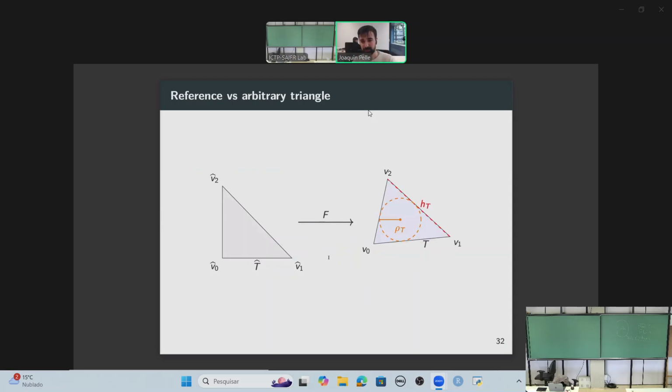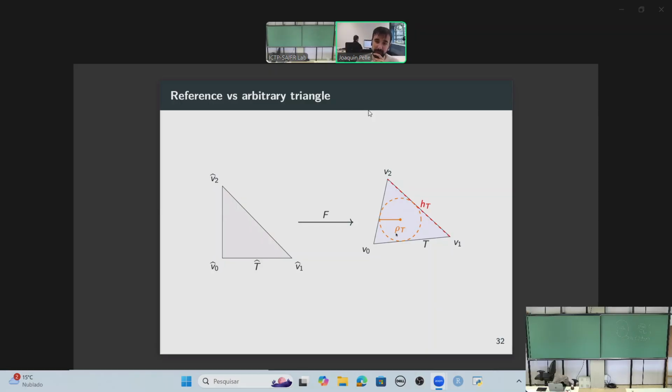So to do that, there are two key properties of the physical triangle that we have to look into. One is rather simple. This h_T is the diameter of the triangle, which is nothing else than the longest side of the triangle. It is the maximum distance that two points can be apart within this triangle.